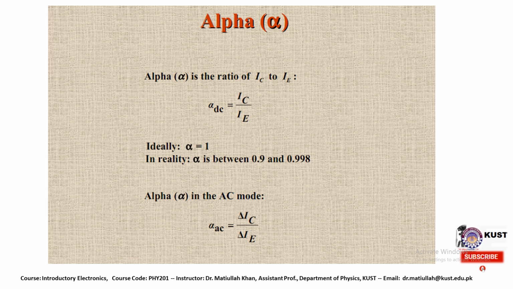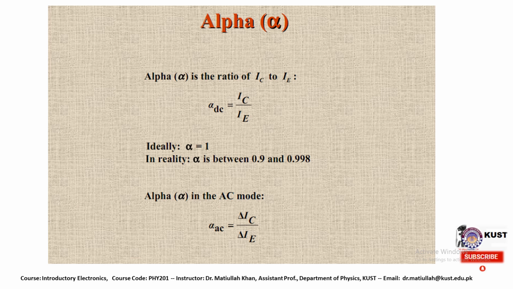One of the relations is the alpha relation, and that describes the ratio between the collector and emitter current. So alpha DC is equal to I_C divided by I_E. Keep in mind both C and E are subscripts. If we have an ideal configuration, then the collector and emitter current should be equal to each other, and the base current should be equal to 0.